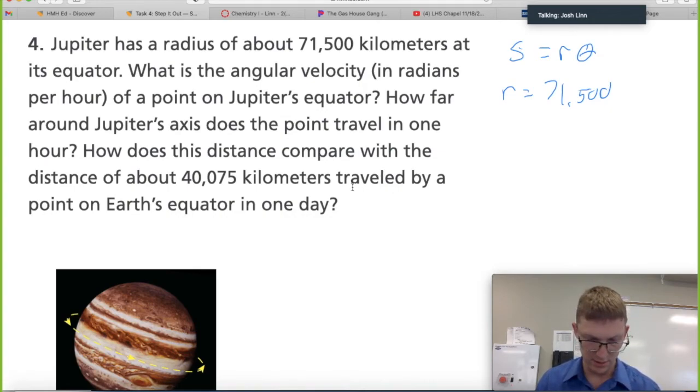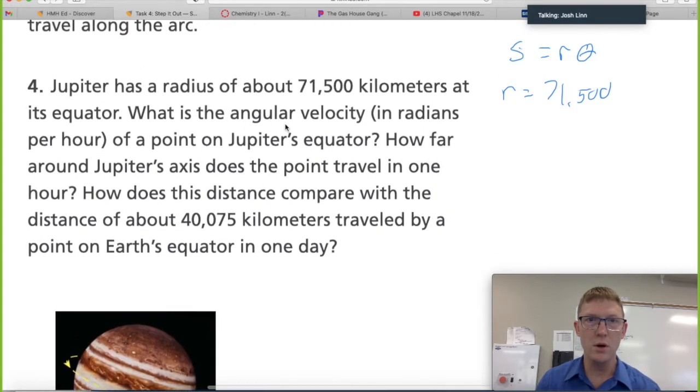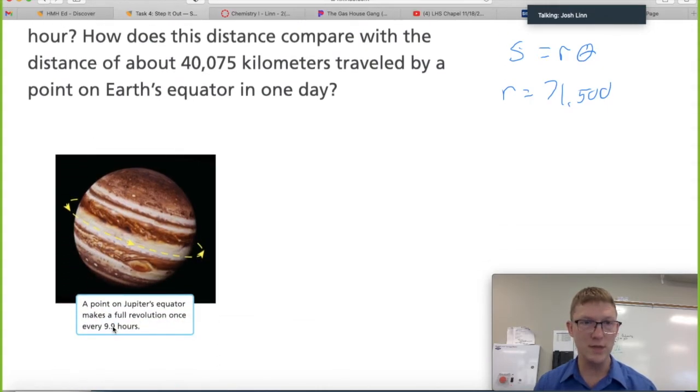And so we want to know how fast you're moving. How far around Jupiter's axis does the point travel in 1 hour? So we can figure out a speed here, so we can get a distance over time, because we have a time for a full revolution.